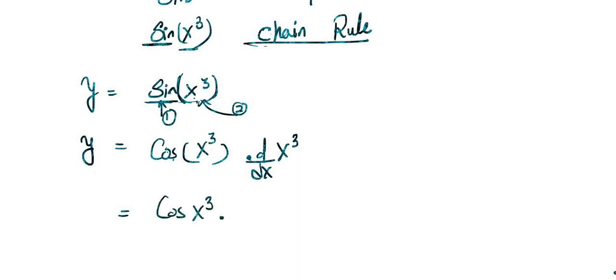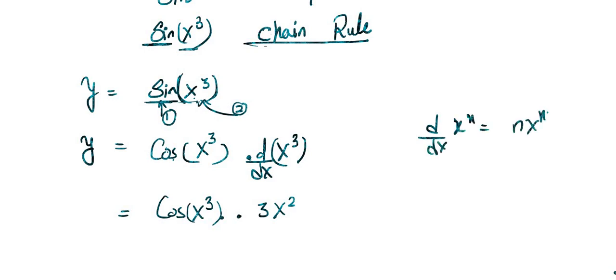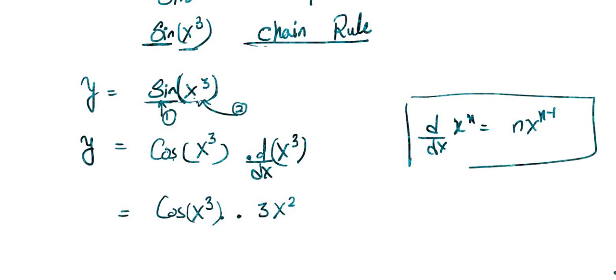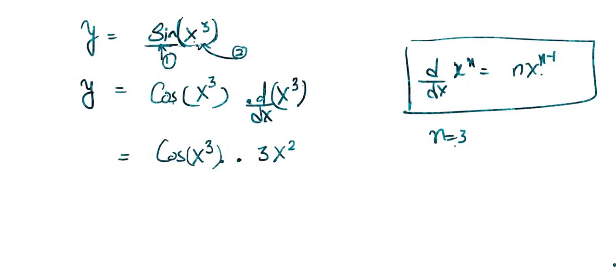So cos x cube into the derivative of x cube, which is 3x square. This is the formula we know: x raised to power n gives n x raised to power n minus 1. Here I am using n as 3. I hope you already know how to use this formula.